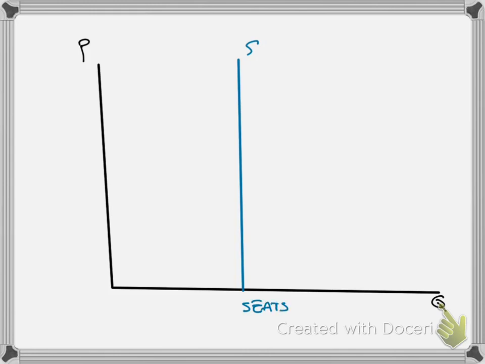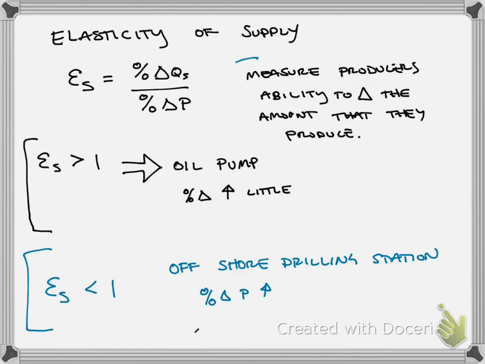And regardless of how much the price increases or decreases, it's going to have the exact same seats in that stadium. And so in this case, we would call this perfectly inelastic. And so again, the elasticity of supply is measuring the producer's ability to change the amount they produce when the price changes.